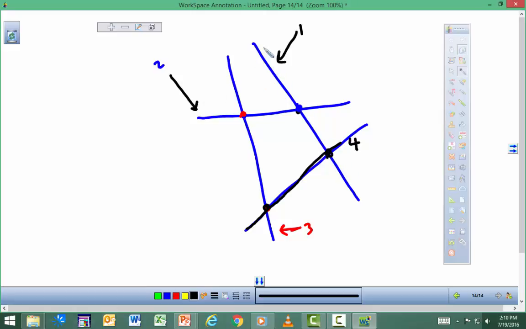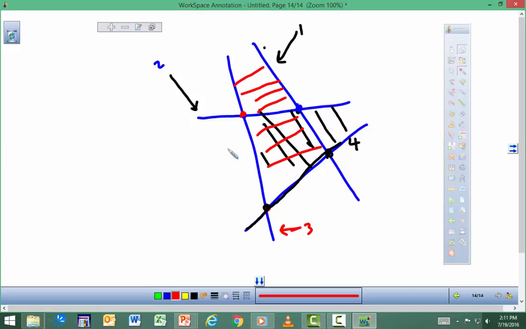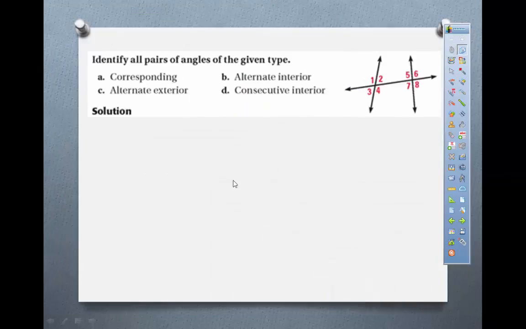For example, if this is the transversal you're talking about, then this portion right here would be the interior. Okay? But if you're talking about transversal number 2, then this portion would be the interior. So as you might imagine, it gets a little bit confusing when there's more than one transversal.